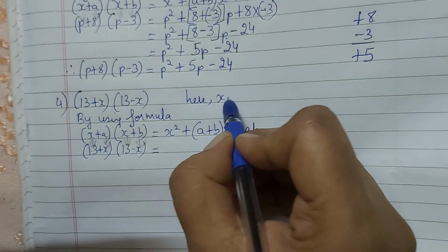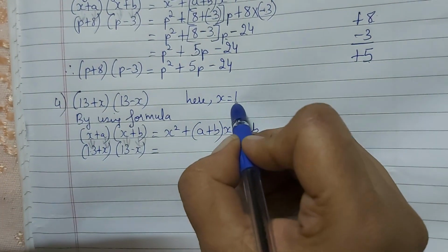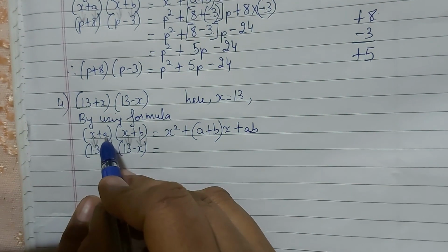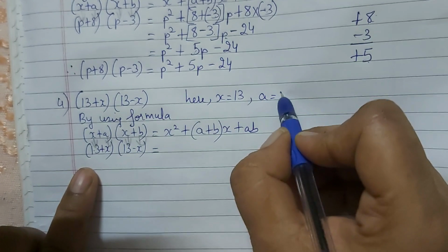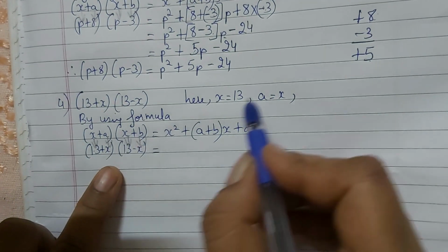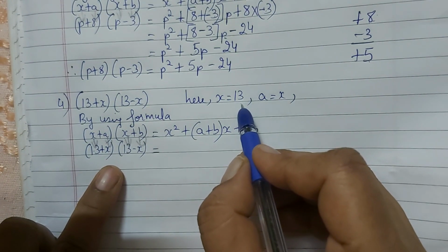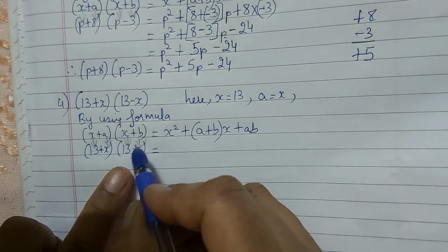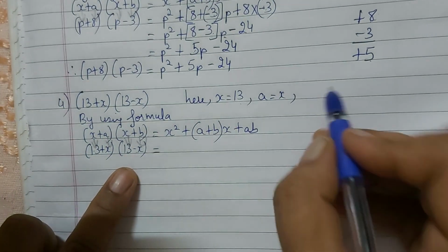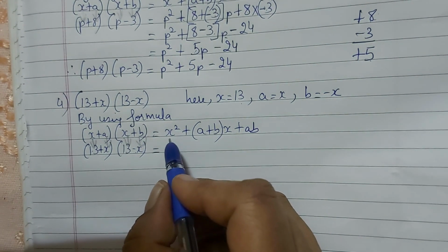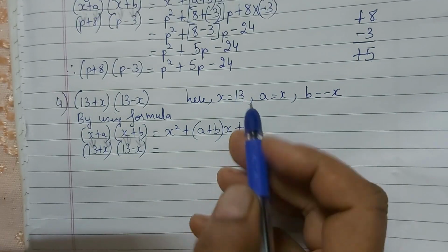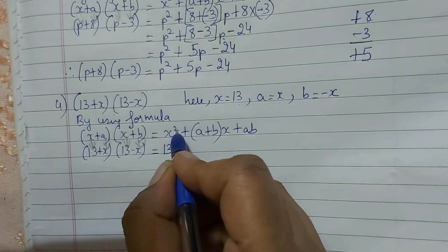x value is 13, comma, a's value is x, comma, x value is 13. We have written over here, so no need of writing again. b's value is what? Minus x. So b is equal to minus x. x value is 13, so 13 square.